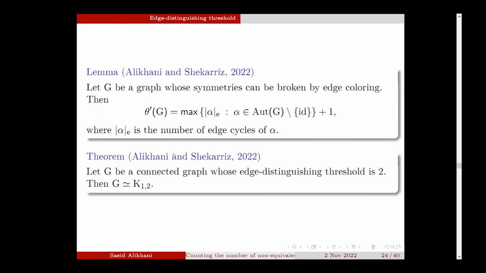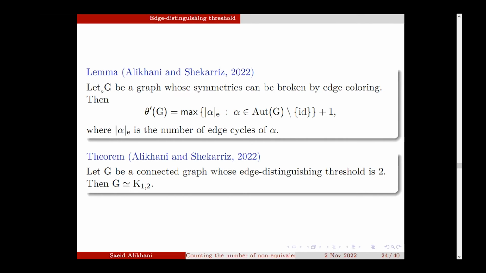Okay, and again, we can have a similar result for theta prime based on the cardinality of the number of cycles of an automorphism.